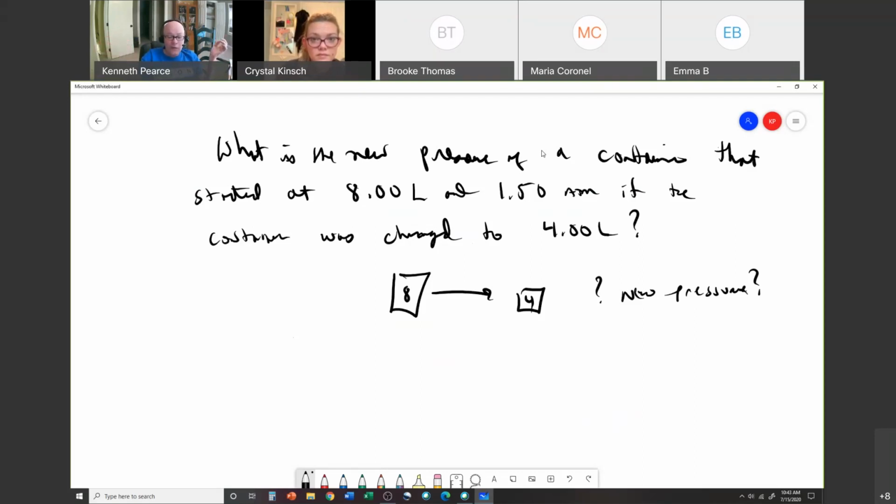And so I see up here a pressure and a pressure, and I see a volume and a volume. I do see pairs, okay? So the equation that I need to use is going to be P1 V1 over T1 equals P2 V2 over T2. I know that's going to be the equation that I need.